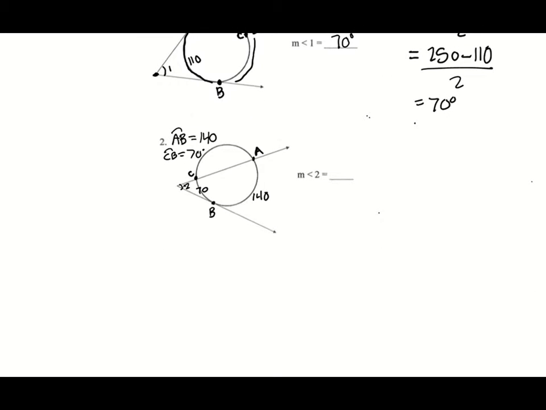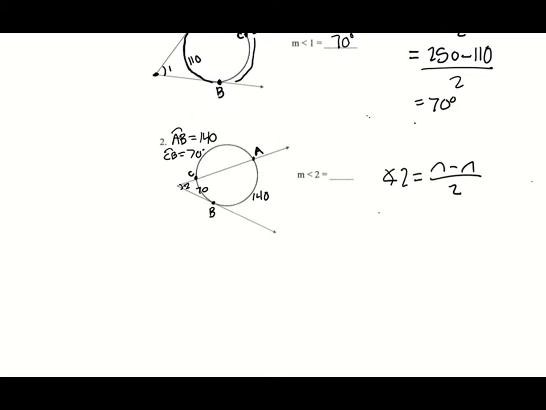In example 2, we are looking for angle 2, and again, that vertex is outside our center, so we are going to use our equation for an angle outside the center. Our angle is going to equal our arc minus our arc divided by 2.